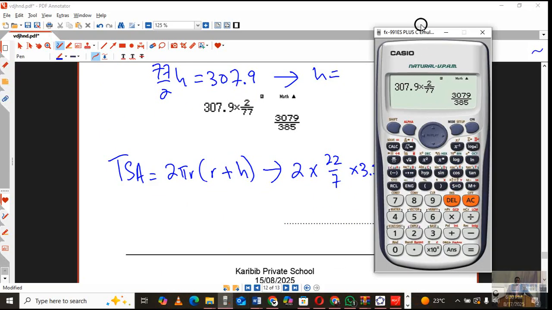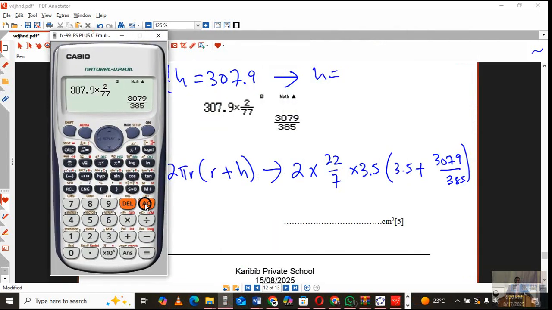Okay, so let's see where we are. 2 times 22 over 7 times 3.5. Okay, then in brackets you're going to have 3.5 plus, of course, that total number, 3079 upon 385.